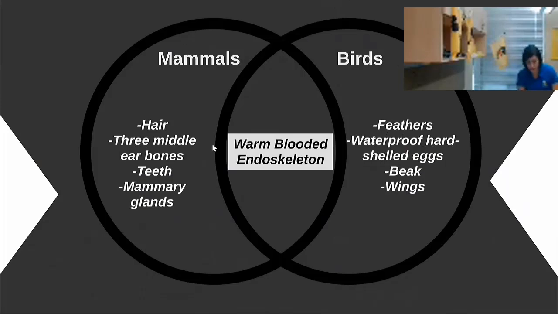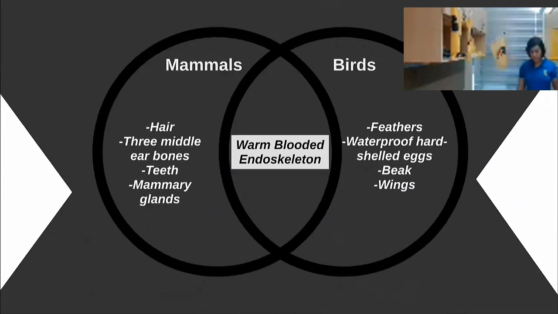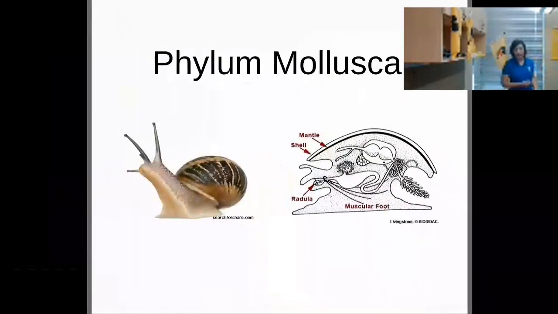A very important thing to know about the Chordata is that they are warm-blooded. They don't depend on the environment temperature to keep their body temperature. And they have an endoskeleton. The skeleton is inside their bodies, just like us humans.